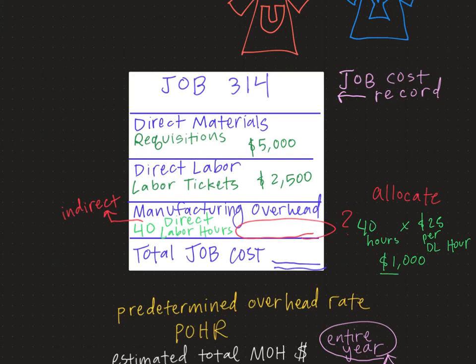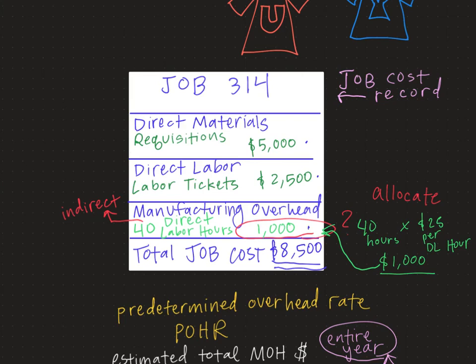So we calculate the 1,000, then we're going to put it right over here on our job cost record. Now that we have a dollar amount for direct materials, direct labor, and an allocated amount for manufacturing overhead, we can compute the total cost of job 314, which would be $8,500.